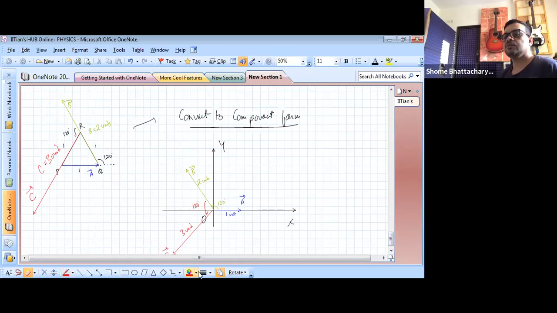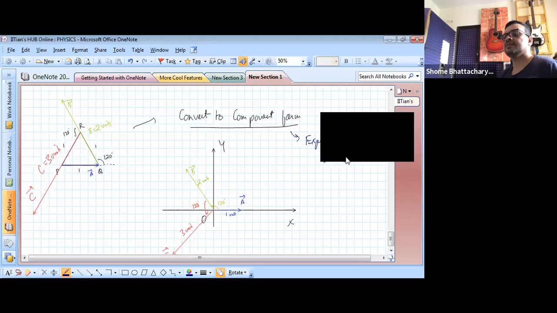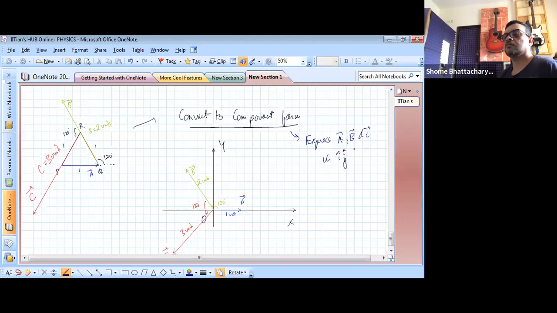Now the next thing we'll do here is express vectors A, B, and C in i cap, j cap notation, and then find the result.